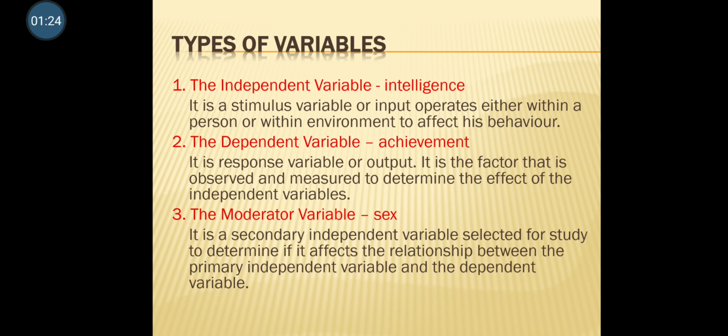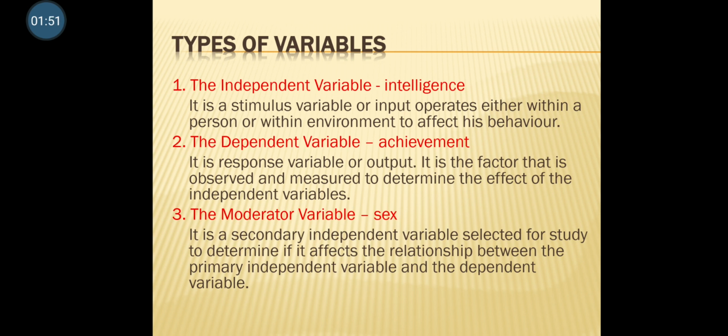We'll see the second one, that is dependent variable. Dependent variable is just reverse to the independent variable. It is the response variable or output. So it is the factor which can be observed or which can be measured and which has the effect of the independent variable. For example, we can say the achievement is a dependent variable.